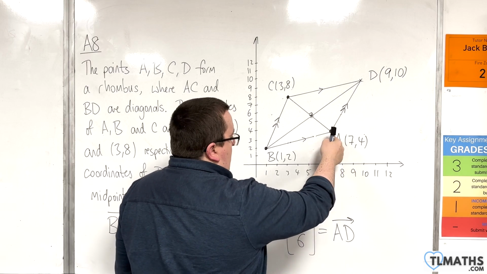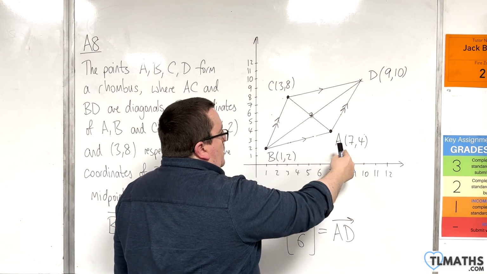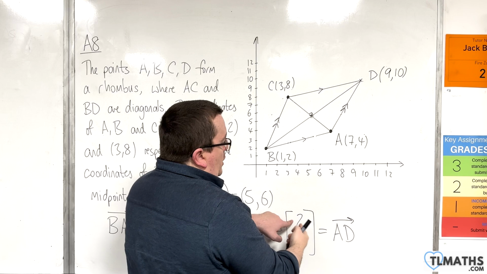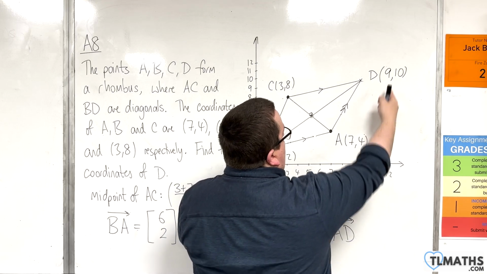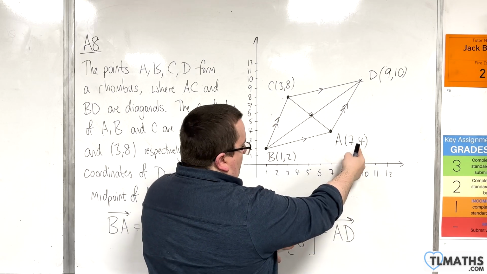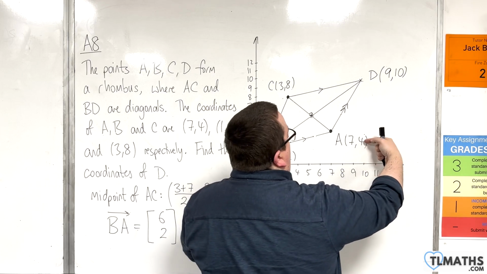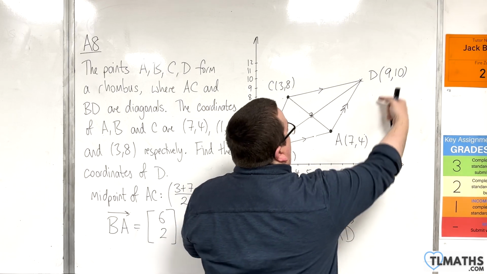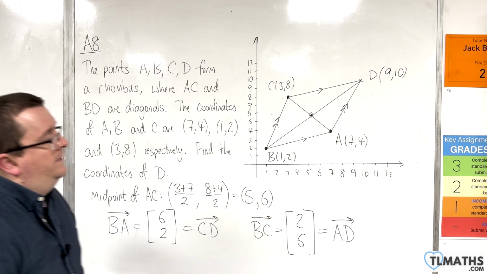So if you're at A and you want to get to D, you go from 7 and you go 2 along, so 7 plus 2 is 9, and then you're at 4 and you've got to go 6 up. So 4 plus 6 gets you to the 10.